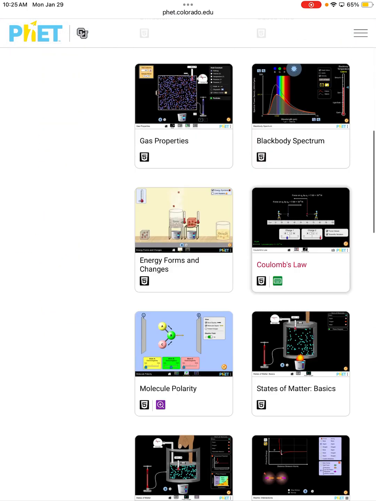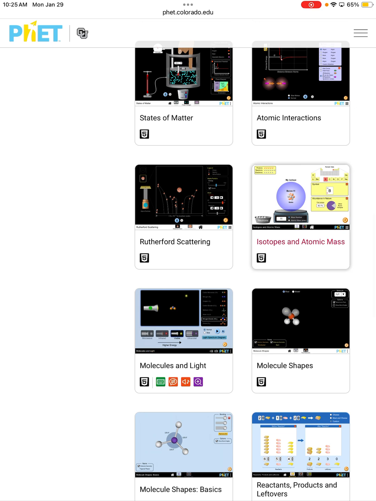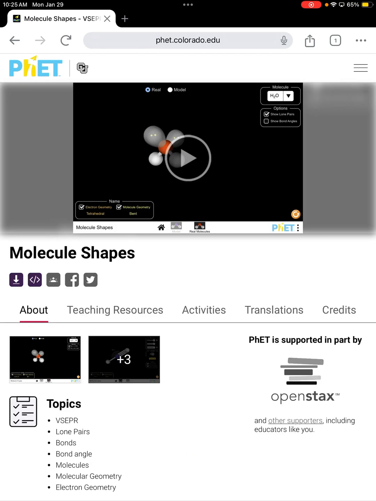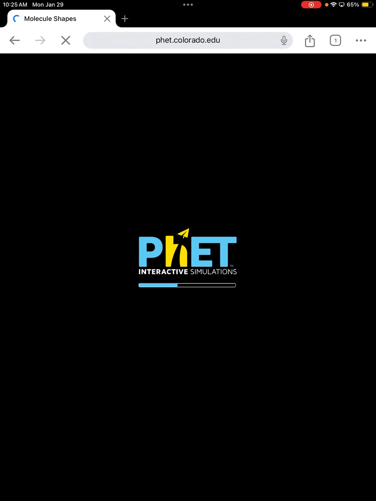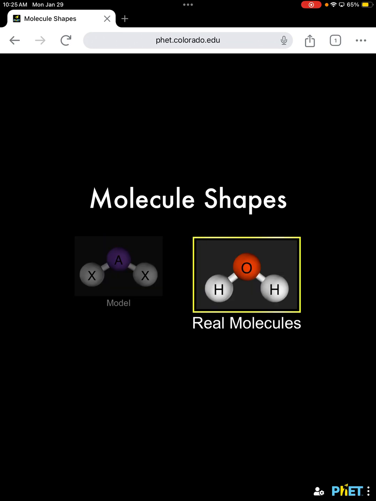Let's see if it's got the molecule one. Molecular shapes. So either you build the molecule, Caitlin, or you can go to PhET Colorado and, Ruman, can you put your cell phone away, please, in your backpack? No, not there, in your backpack. There you go. You can build real molecules.